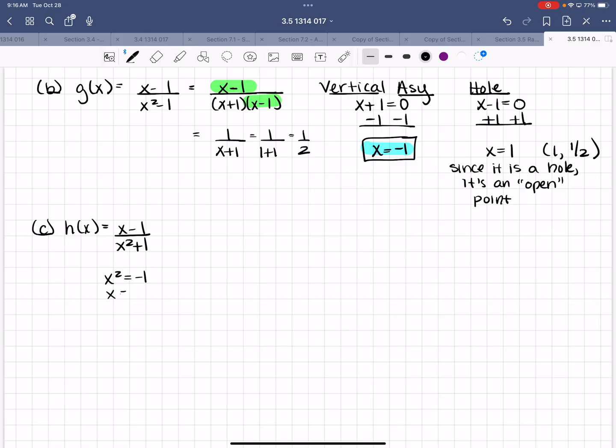That would give me x equals plus or minus i. So that means that the domain here is -infinity to infinity, okay? So we can use any x value that we want, and it's going to work. So that means there's no vertical asymptotes.